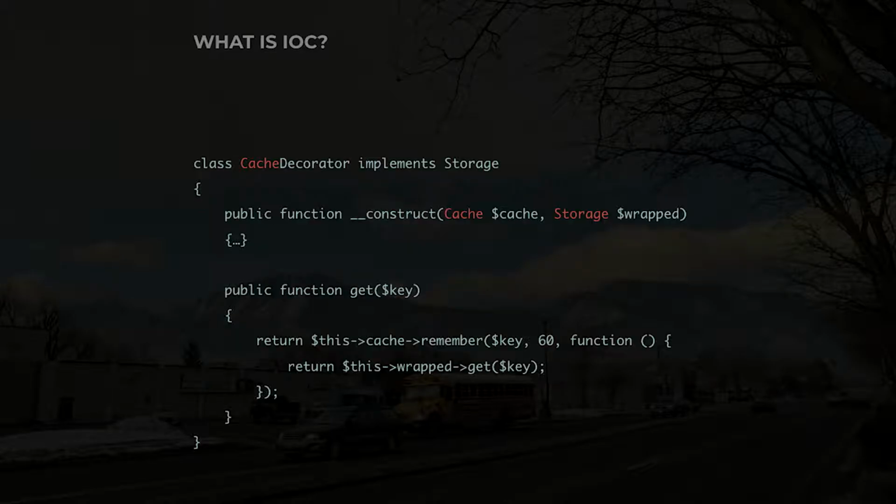We can, for example, create a cache decorator, which we could wrap around FTP storage, S3 storage, HTTP storage, Git storage, whatever you want. It enables us to add caching to every single storage implementation.